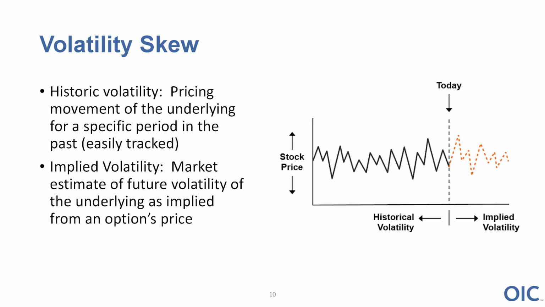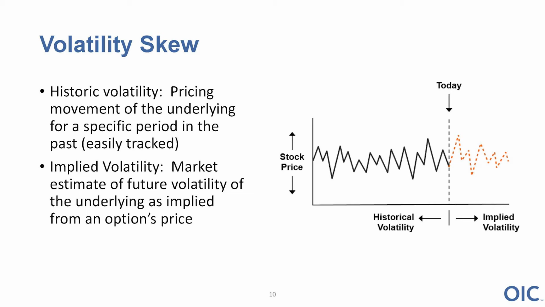So there's two types of volatility: historic volatility and implied volatility. Historic volatility is a backward-looking indicator. We're looking at how volatile a stock has been in the past. As you can see on this chart, the black line is how volatile the stock has been in the past.